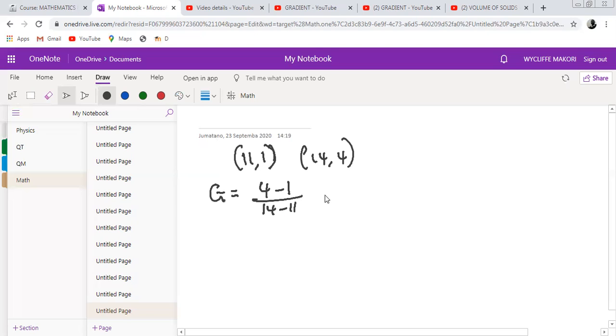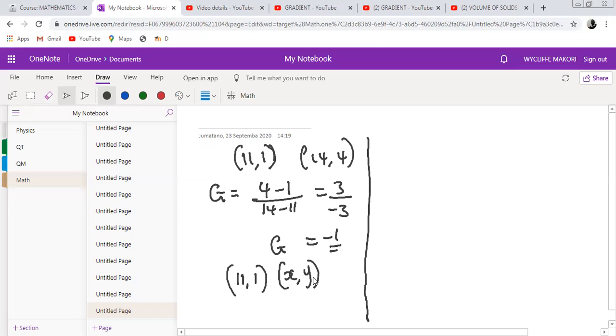You will find this one is going to be 3 over negative 3, which is actually negative 1. So the gradient is negative 1. Then take 1 point, 11, 1, and you assume, and when you are assuming, you always assume x, y.